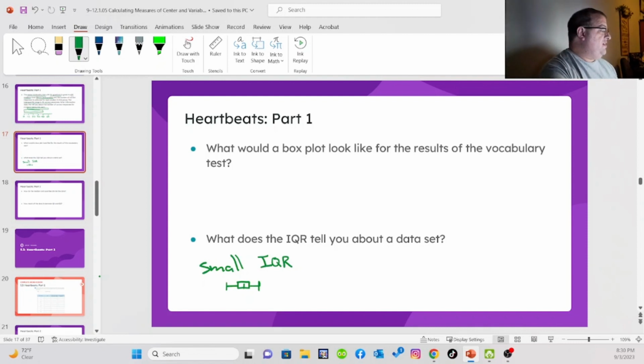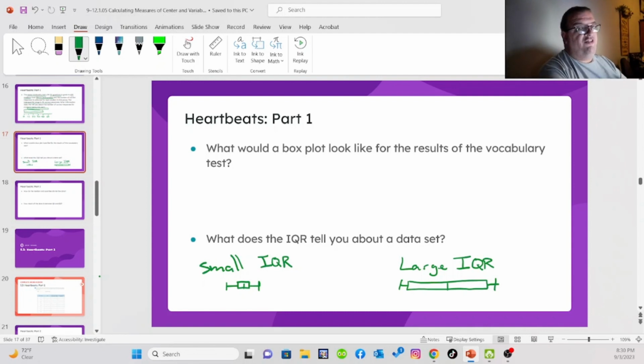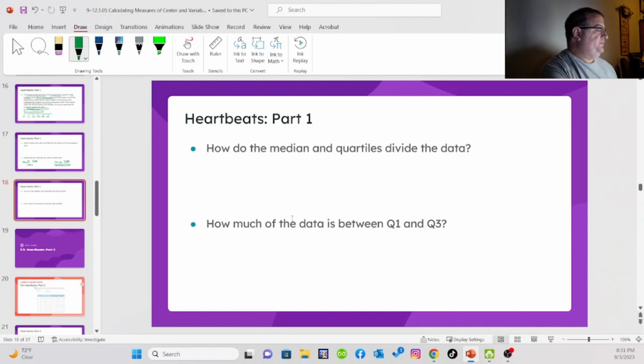If I had a large IQR, then my values are very spread out, and I might have a dot plot that looked like this, or a box plot that looked like this. The larger the IQR, the more varied or spread out my data set is. The smaller the IQR, the closer together and the less varied my data set is.